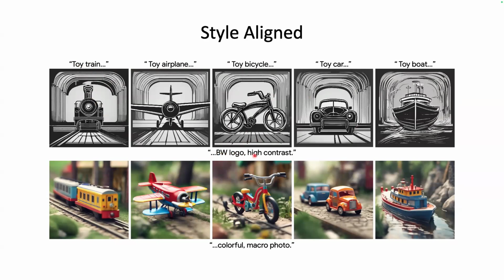So what happens if we just try to generate this consistency using a prompt? We can just take different prompts like a toy train, black and white logo, high contrast, toy airplane, black and white logo, high contrast, and so on, and just generate it with Stable Diffusion.